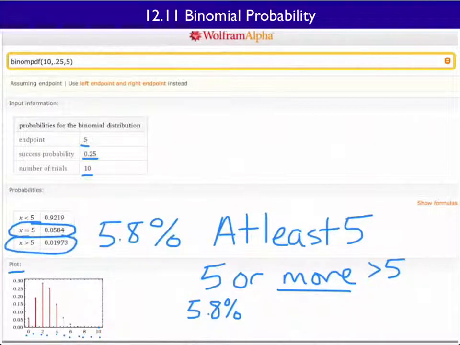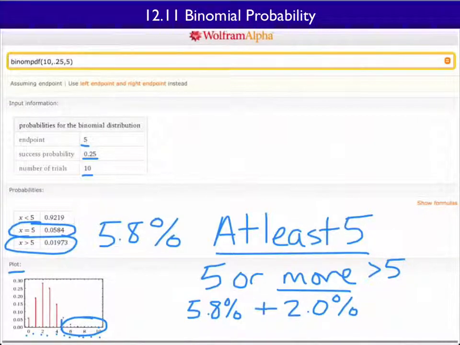It adds up all of these probabilities for you, and that was 1.9%, or about 2.0%. So if we wanted at least 5, we would simply add these two together, and we would get 7.8%. So that's just another way of solving an 'at least' problem without doing the binomial probability formula a whole bunch of times, using Wolfram Alpha.